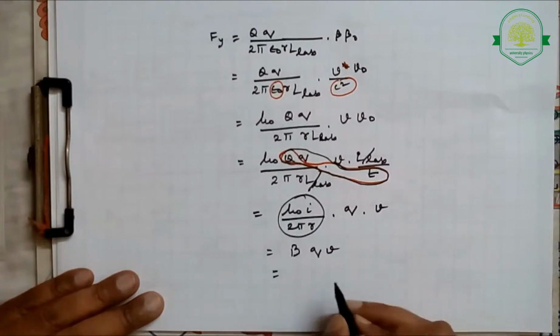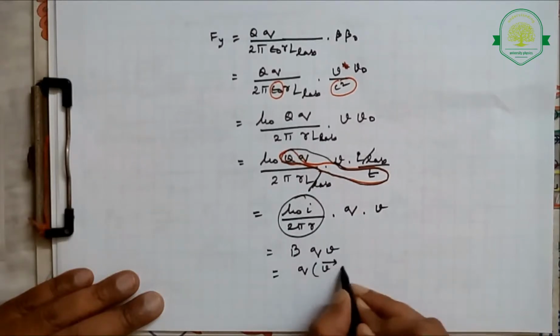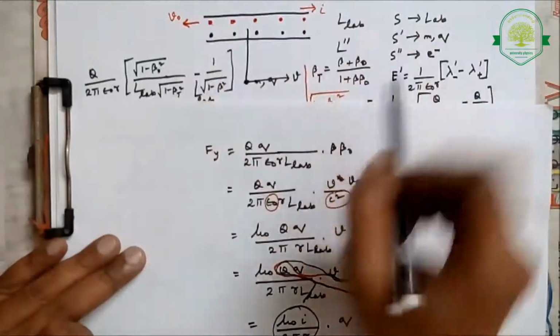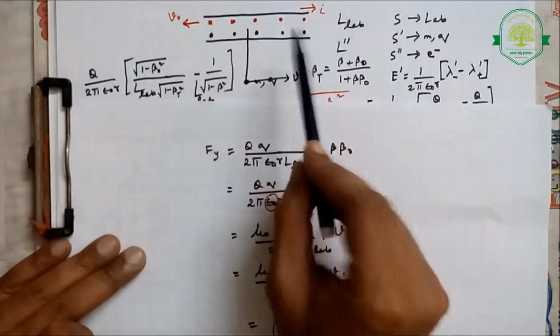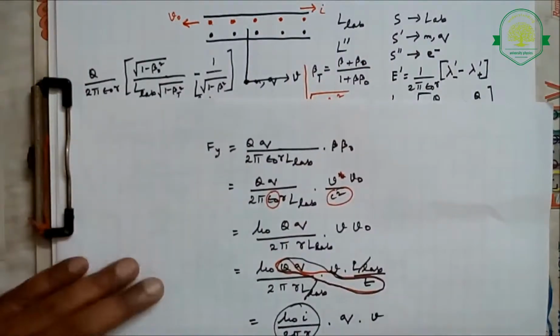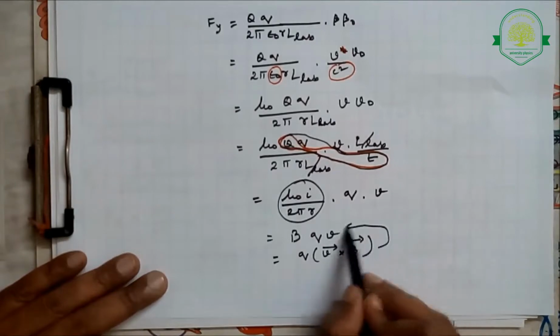The actual expression for Lorentz force is just q of V cross B. But in this case, the magnetic field that this infinitely long current carrying wire creates is perpendicular to the plane of paper and therefore perpendicular to V. And so if we do this, we'll get this expression.